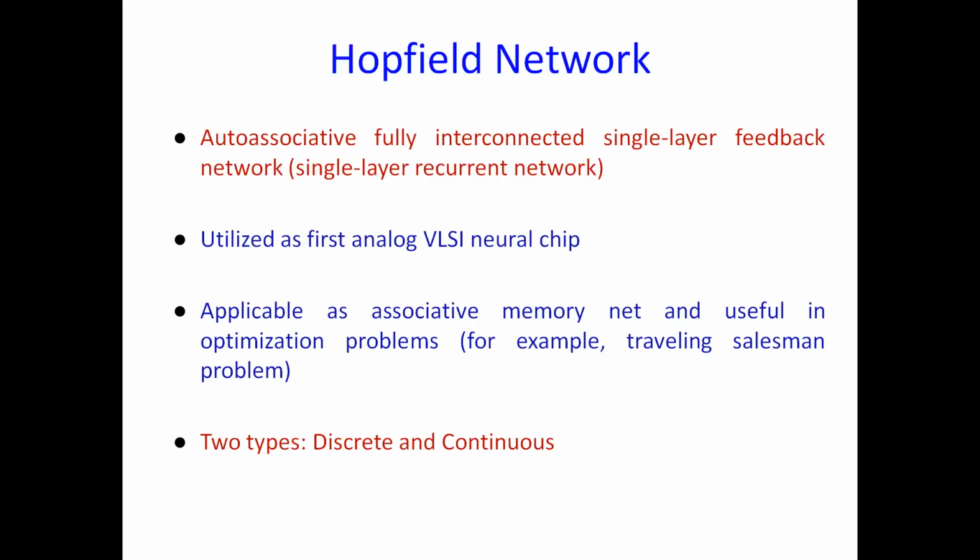Whenever it is used as a chip, it is also applicable as associative memory, because it has a memory, obviously. So it is applicable for this kind of memory storage, and it is useful in different optimization problems, like traveling salesman problem. So this is a different context where artificial intelligence is being discussed.